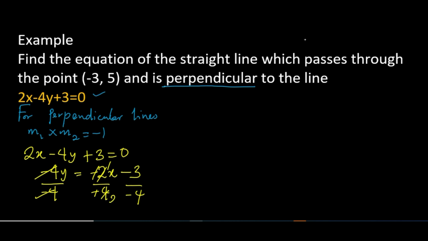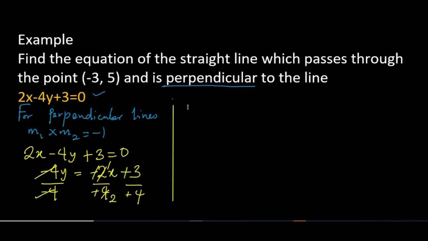We now have it cut it. So we have the y to be equal to x over 2 plus 3 over 4. Okay, x over 2 plus 3 over 4.